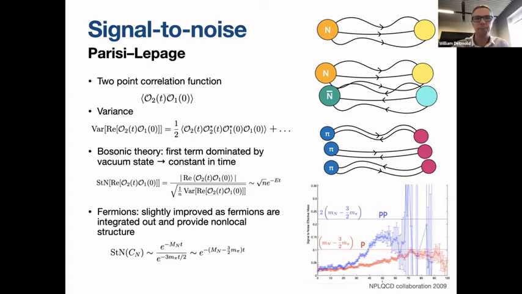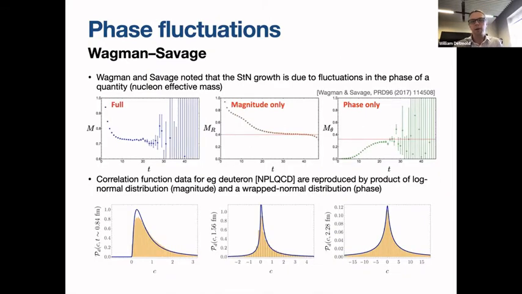Okay, so you can do a little bit more. Mike Wagman and Martin Savage noted that, in fact, this signal to noise growth is not uniform in the correlation function. So if I write the correlation function in terms of a magnitude and a phase, I can look at the contributions to the effective mass, in this case again for the nucleon, coming from the magnitude and coming from the phase separately.